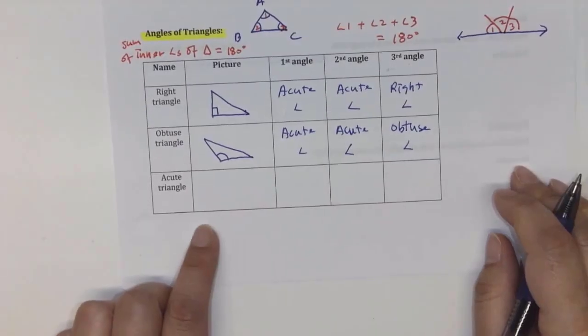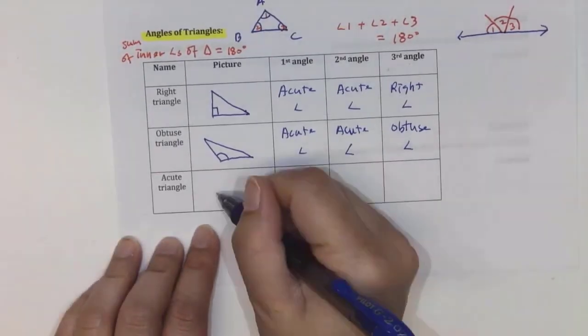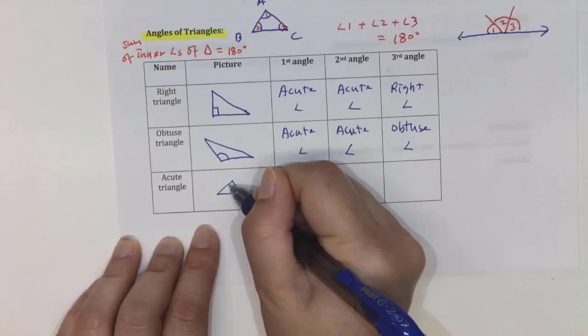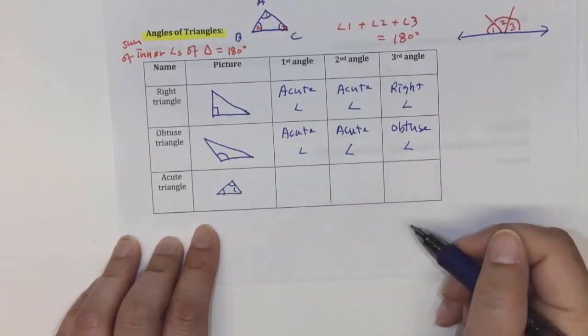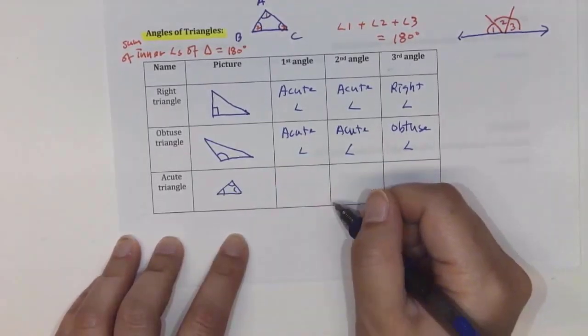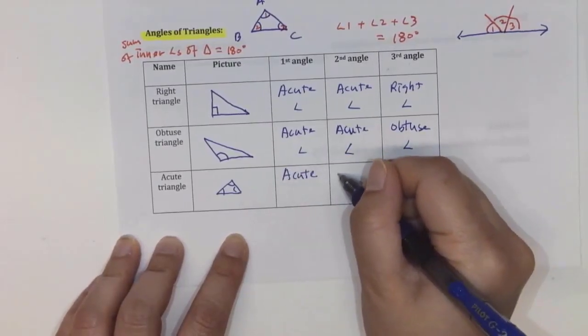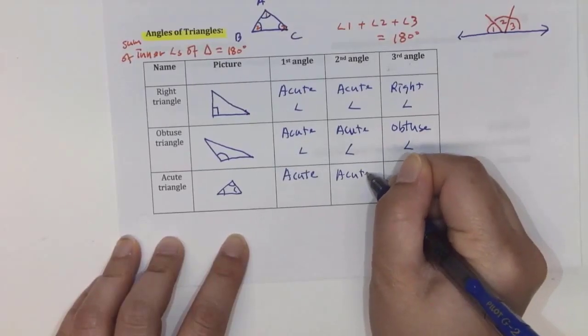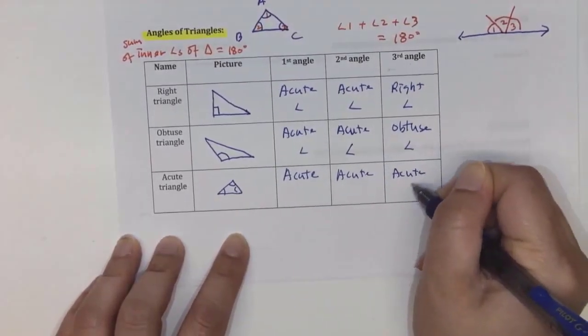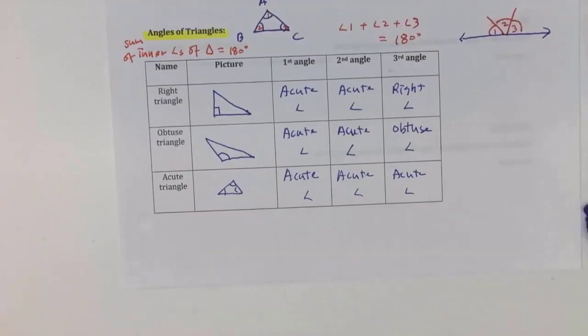Okay. How about an acute triangle? How many acute angles? All 3 angles should be acute, right? Does it make sense?